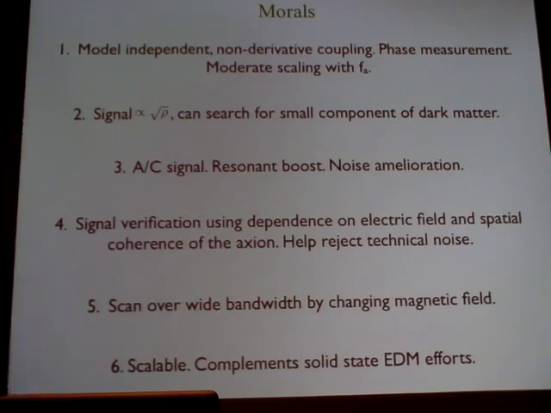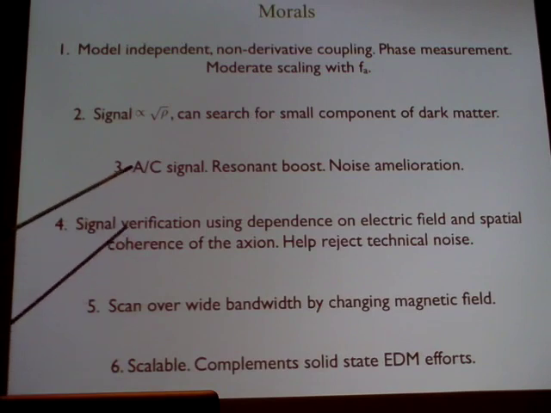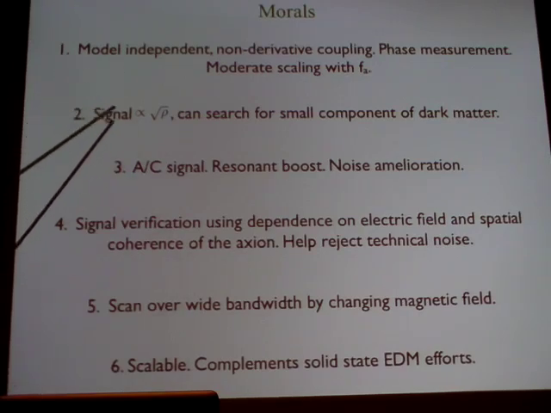Every long story needs to have some morals. Here are the morals of this story. The reason why this works at all is because I'm measuring the model-independent, non-derivative coupling of the axion, the coupling to gluons, which it must have.